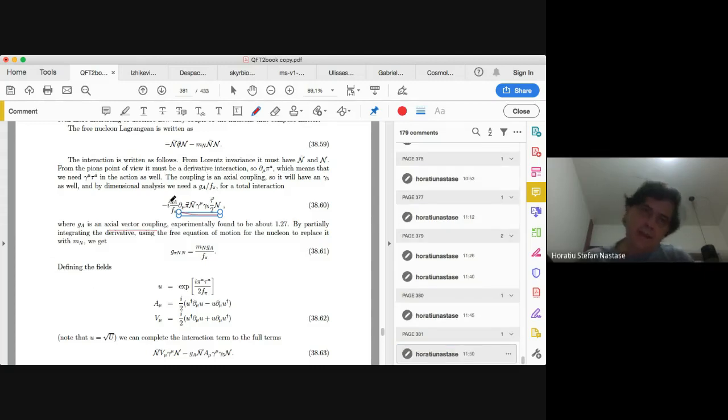So this is a definition, writing this coupling as GA over f pi, partly by dimensional analysis, since f pi has dimension. But GA also happens to be a number close to 1, 1.27 from experiment.